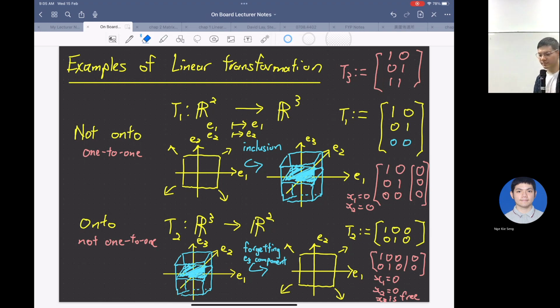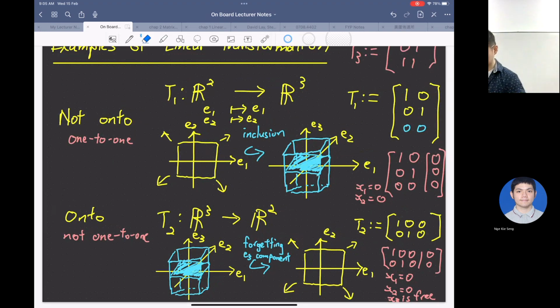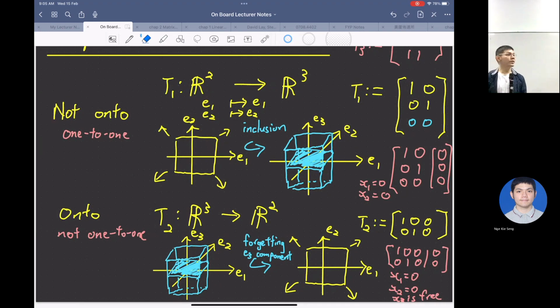Can you guess what the null space of T2 is? What vectors get sent to 0 by T2? What vectors get smashed to the 0 vector?